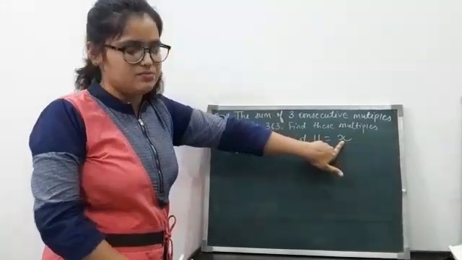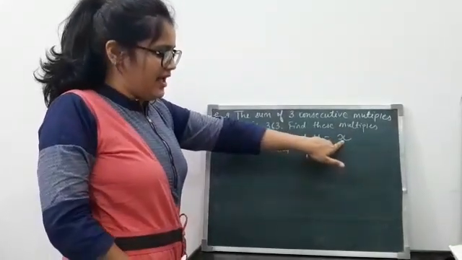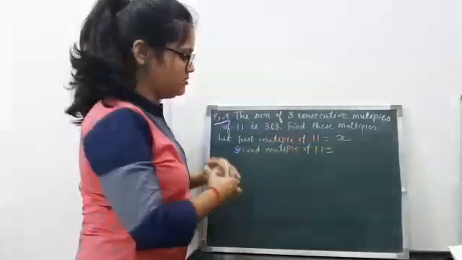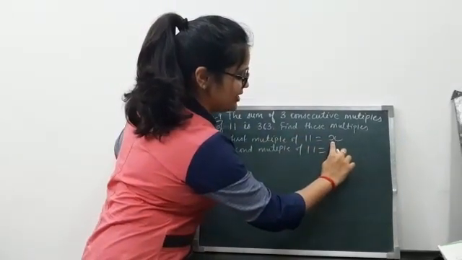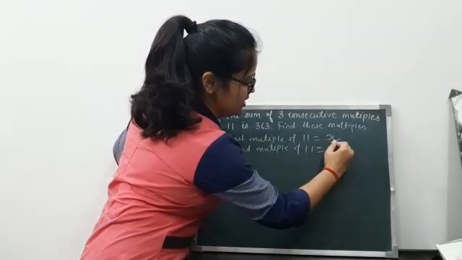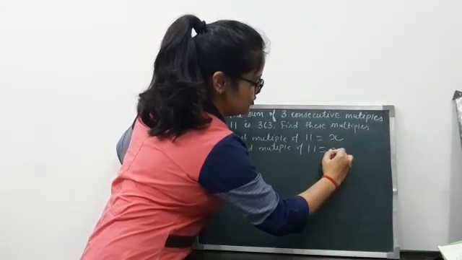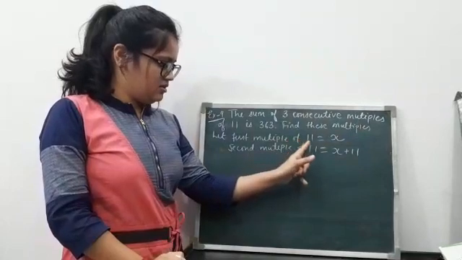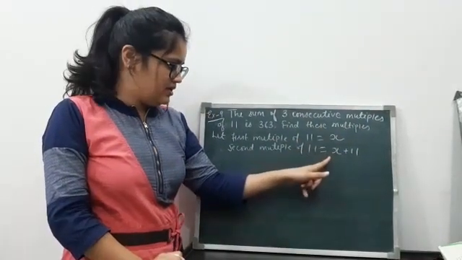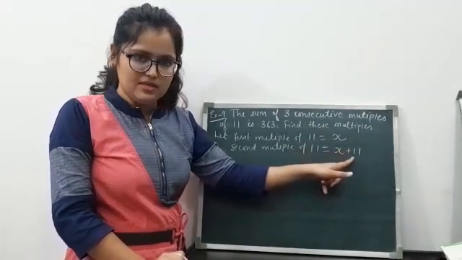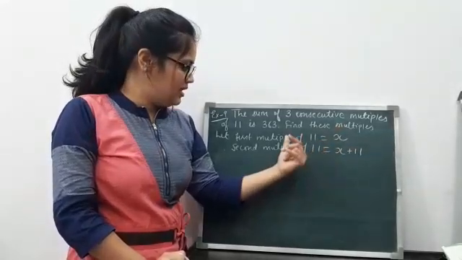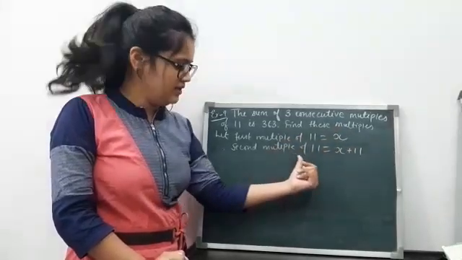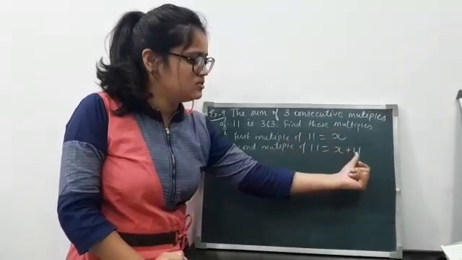First is x. For the second multiple, I need a gap of 11. That means if I add 11 to the first value, I will get the next value. That means x plus 11. If my first multiple of 11 is x, the next will be x plus 11, and similarly the third multiple of 11 will be x plus 22.